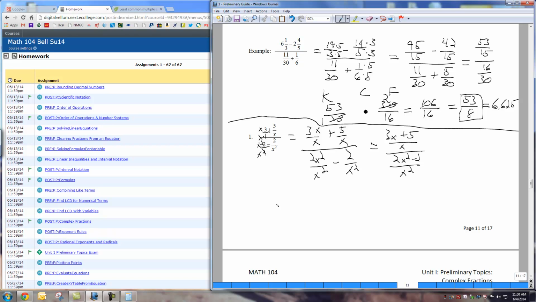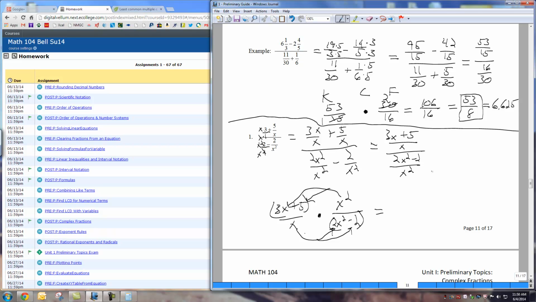So I'm going to keep my 3x plus 5 over x. I'm going to change to multiplication. Then I'm going to flip this over. I'm going to do x squared divided by 2x squared minus 2. And that equals, I'm going to have to do the distributive property here. Now I could do reduction, but I'm going to wait till the end to do reduction. And same with this x, it gets distributed.